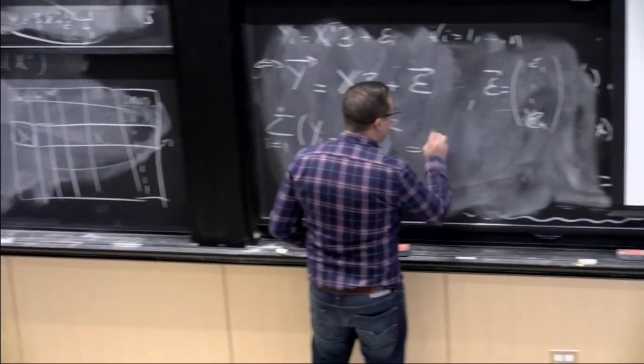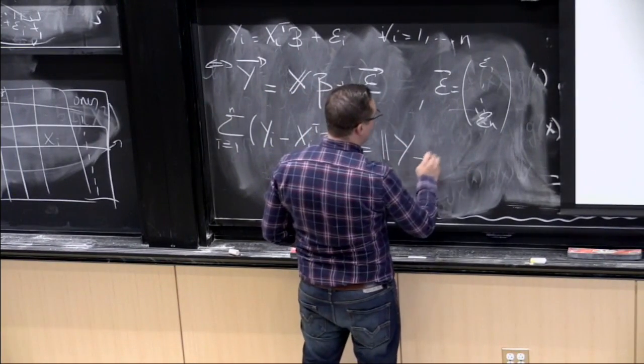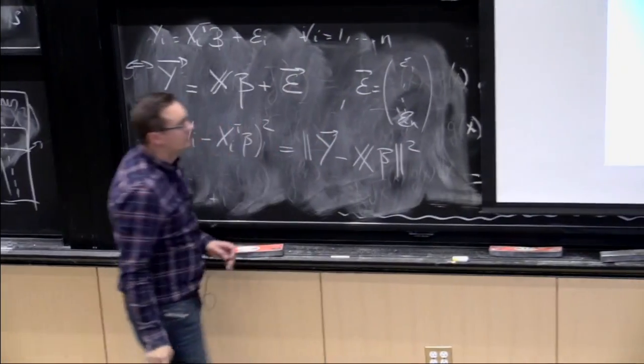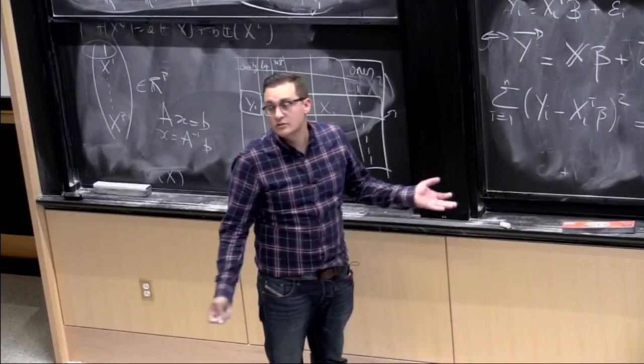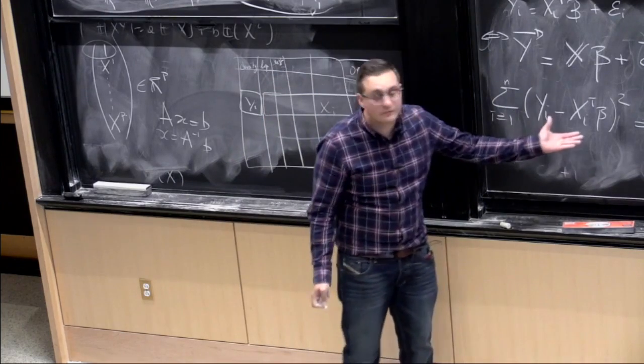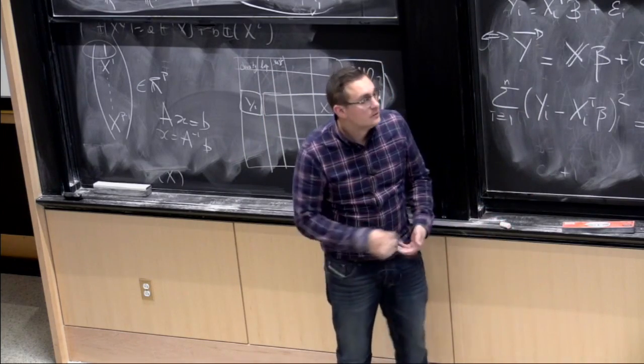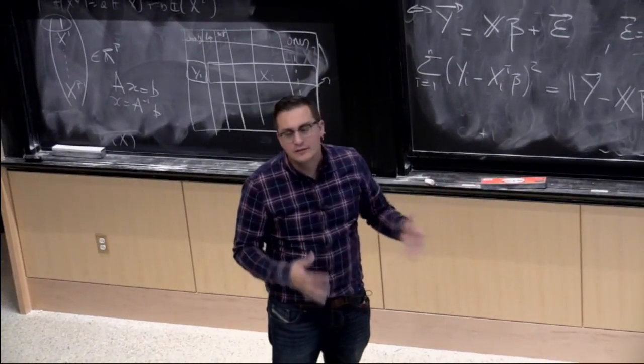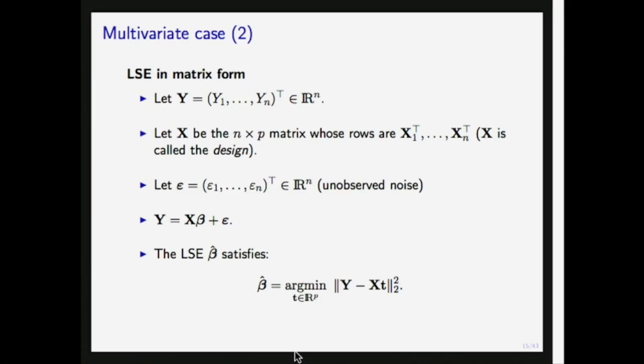So this is actually equal to the norm squared of y minus X beta. That's just, the squared norm is, by definition, the sum of the squares of the coordinates. And so now I can actually talk about minimizing a norm squared, and here it's going to be easier for me to take derivatives. All right, so we'll do that next time.